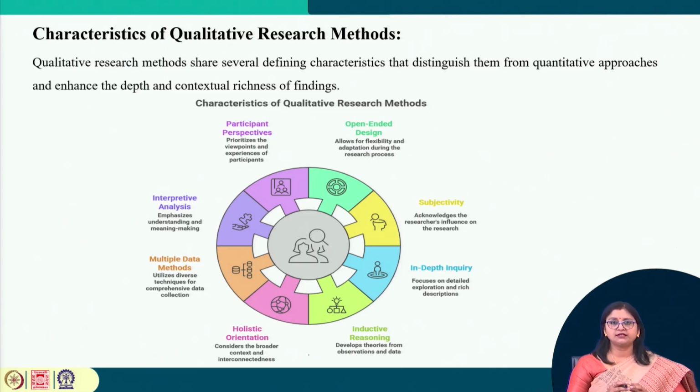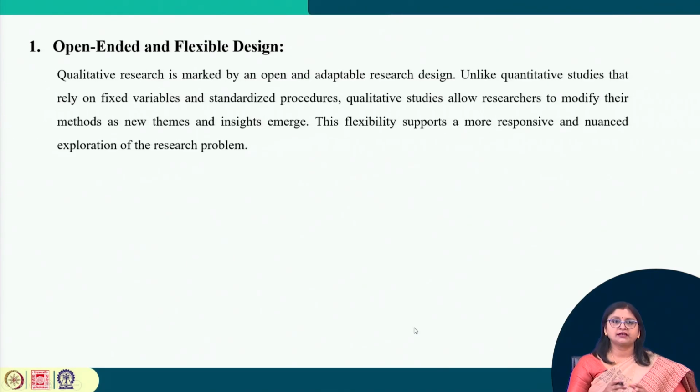It is open-ended design, subjectivity, in-depth inquiry, inductive reasoning, holistic orientation, multiple data methods, interpretive analysis, and participants' perspective. These are the main characteristics of qualitative research. So, let us take them one by one.